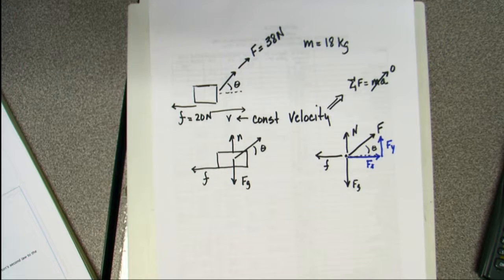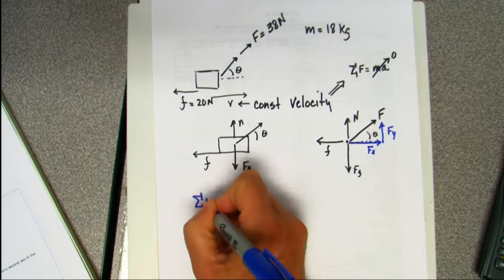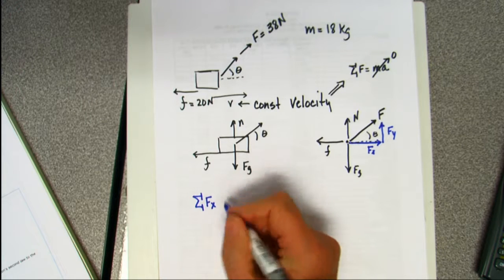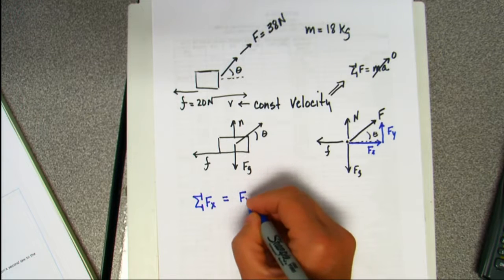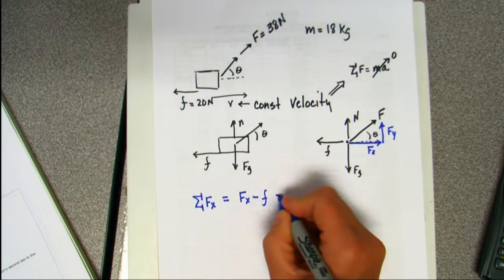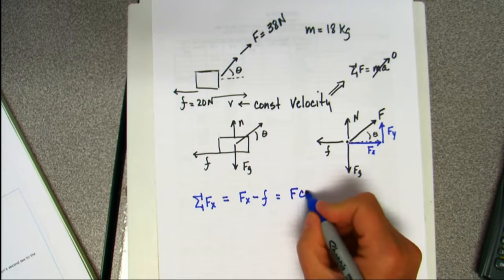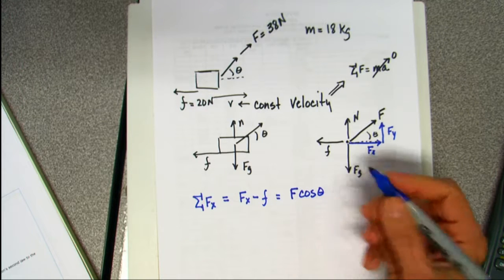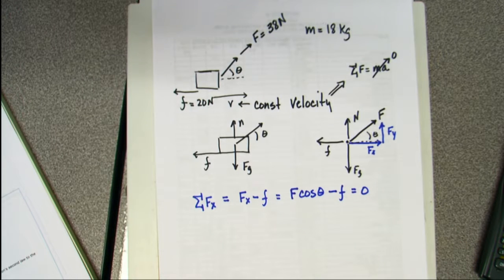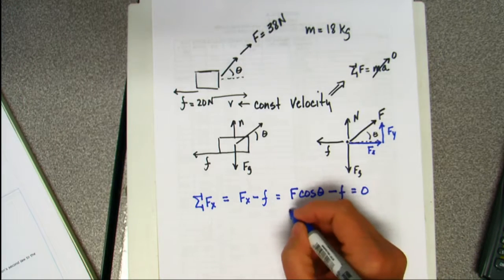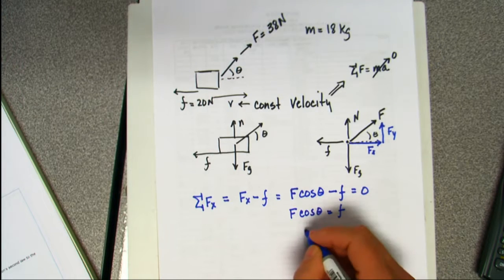So now I can write my equations. The sum of the forces in the x direction is going to be the force in the x direction minus my force due to friction. This is the force cosine of the angle minus my force due to friction has to equal 0. So force cosine of the angle is equal to the force due to friction.